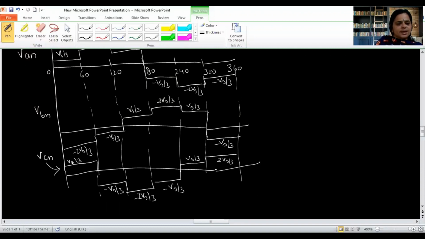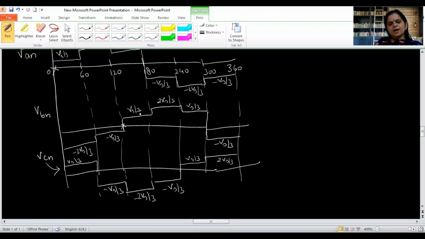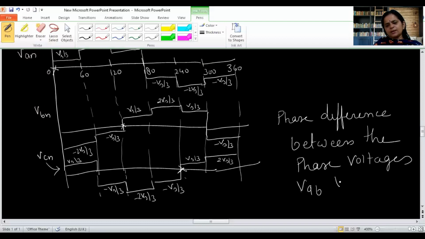Now you can see as in A phase waveform, the value of Vs by 3 is starting at 0, whereas for B phase, the same wave shape is repeating after 120 degree, and for C phase, it is repeating after 240. So that means the phase difference between the phase voltages VAN, VBN and VCN is 120 degree.